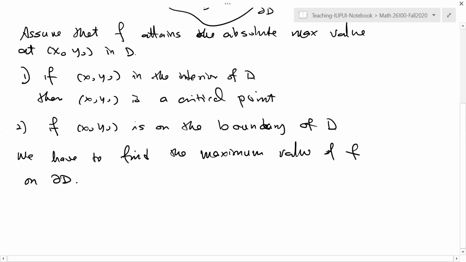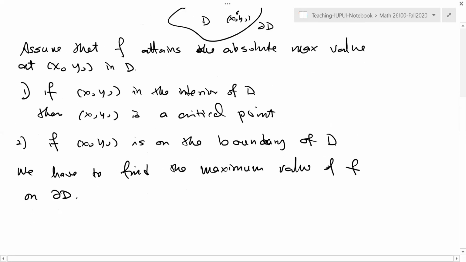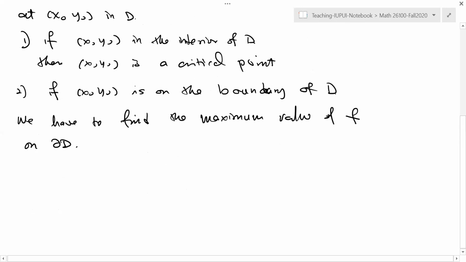But now our function has two variables and the boundary is a one-dimensional curve. We have a trouble here.